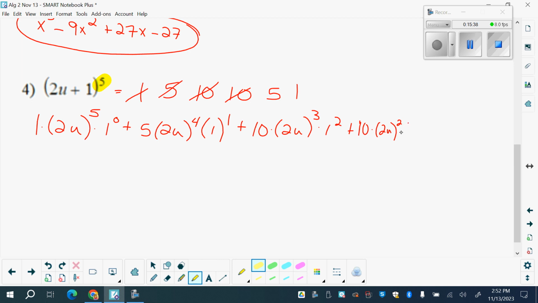And then times 1 to the 3. The 1 exponents are going up. And then 5 times 2u to the 1 times 1 to the 4th. And then the last term, 1, 2u to the 0.